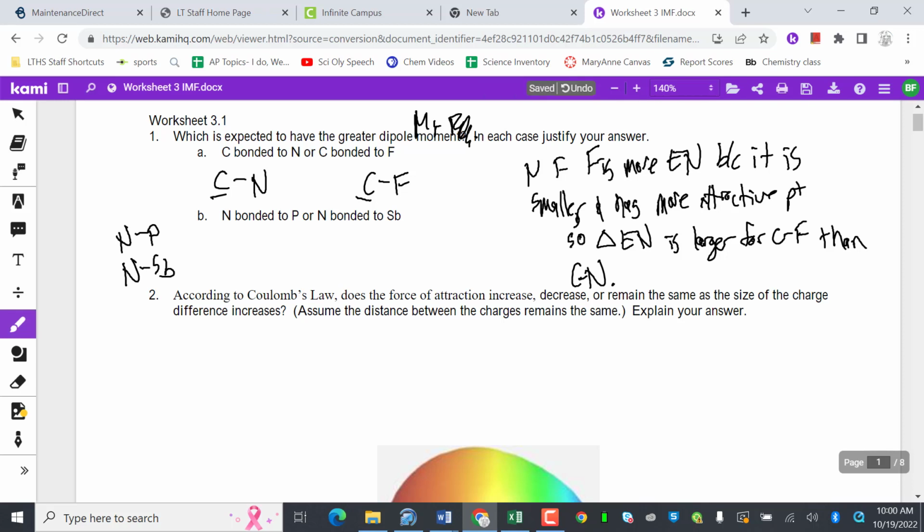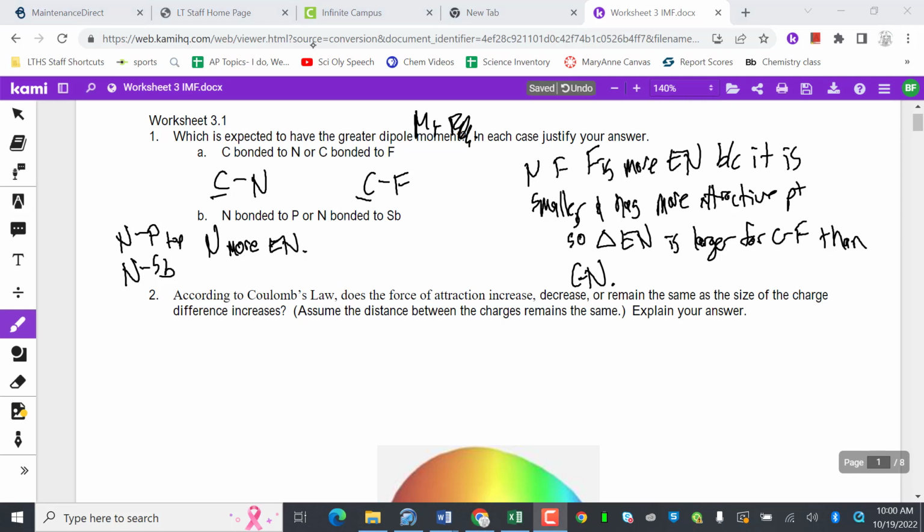I have a periodic table right here. So P is on top. Remember, nitrogen's kind of a constant, and nitrogen is more electronegative.